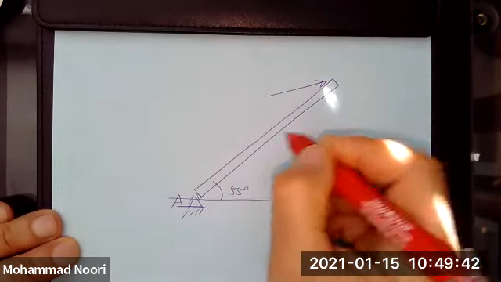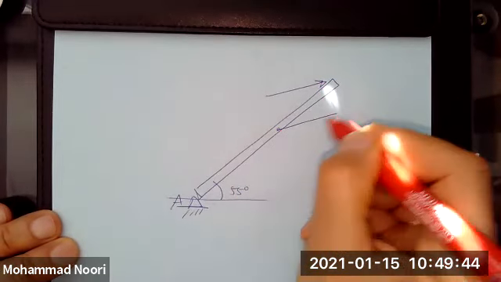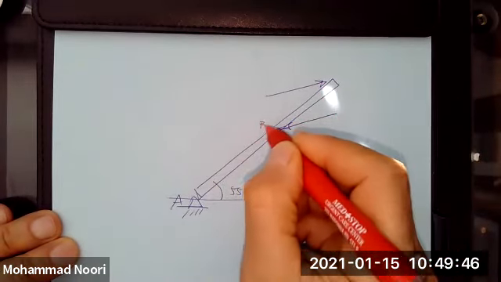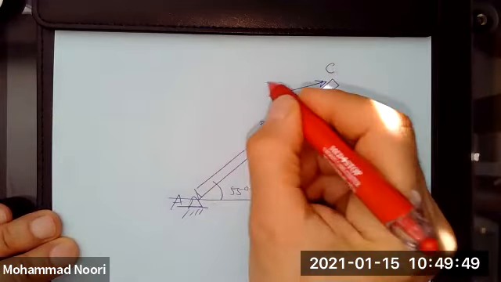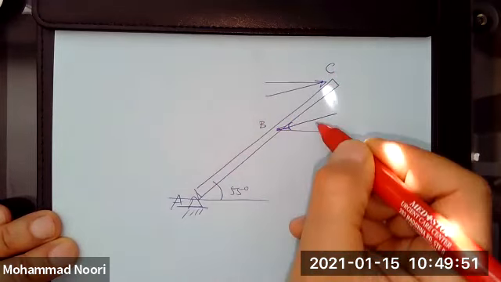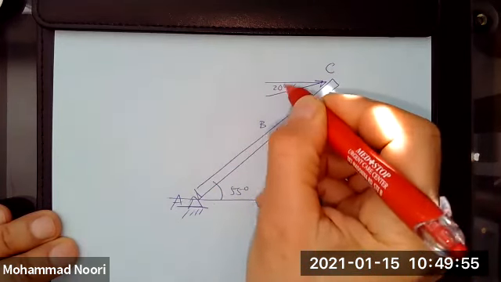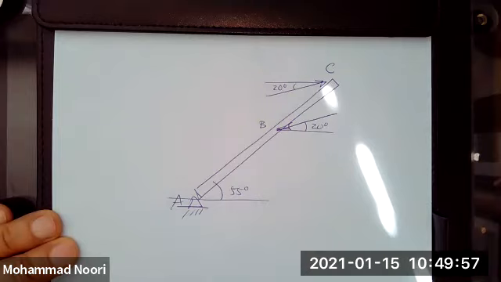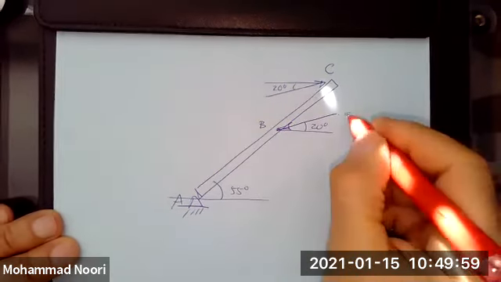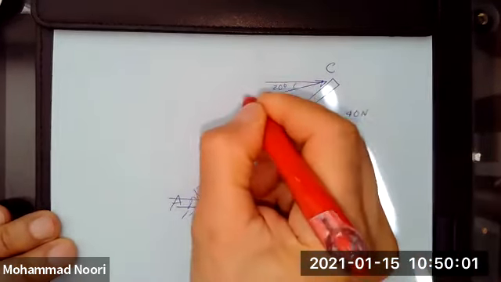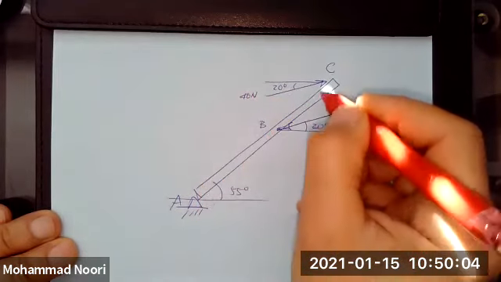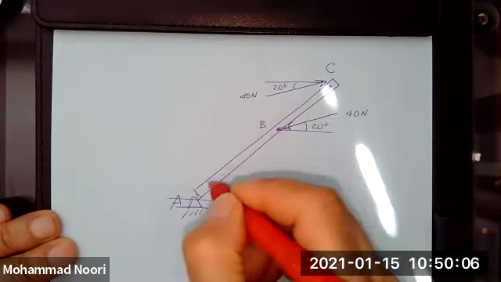A couple is applied at points B and C. The orientation is given. These make an angle of 20 degrees with the line of horizon. The magnitude of these forces are given, 40 Newton, and the location of these are given.